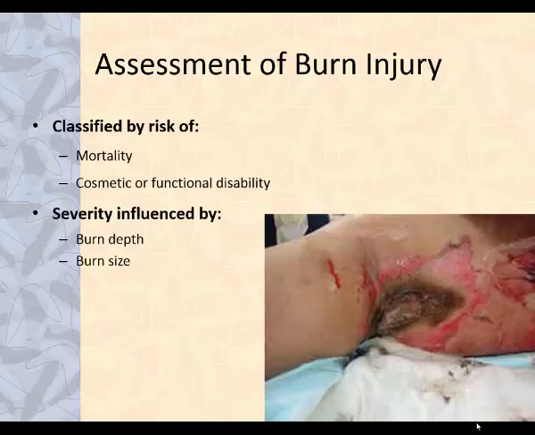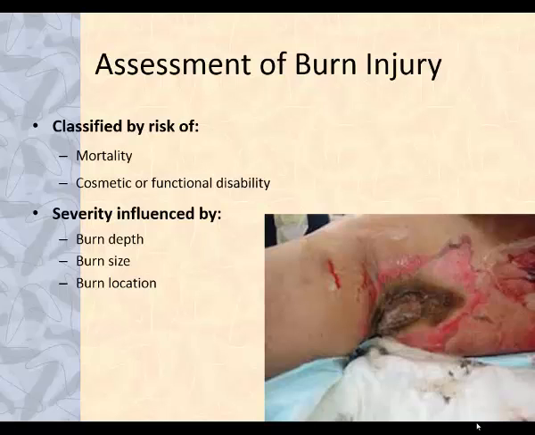With burn size, mortality increases with increasing extent of burns, and the extent of the burn is most accurate after the initial debridement, and thus should be re-evaluated at that time. So you'll do an initial assessment of the burn size and then reevaluate after debridement has been done.